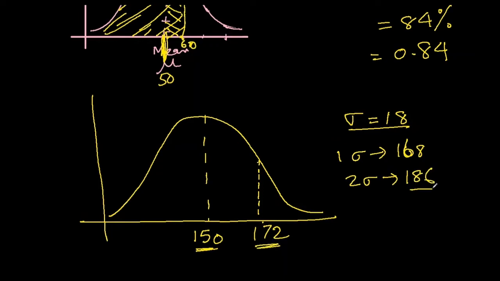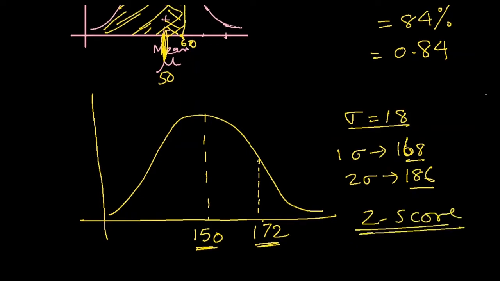In this case, we have to adopt a new approach which is called the z-score. So I'm introducing the z-score to you now. So what is the z-score? We know that 172 is between 168 and 186. That means this is the mean, and 172 will be more than one standard deviation above the mean, but less than two standard deviations.